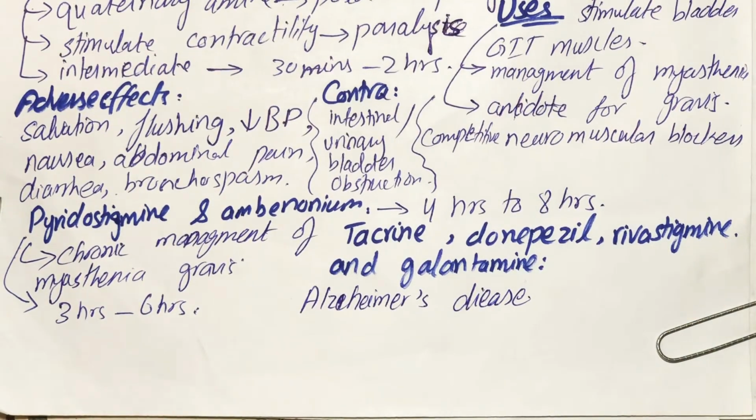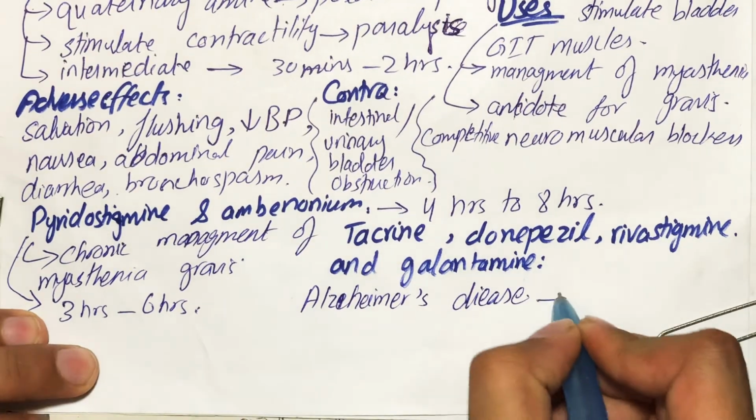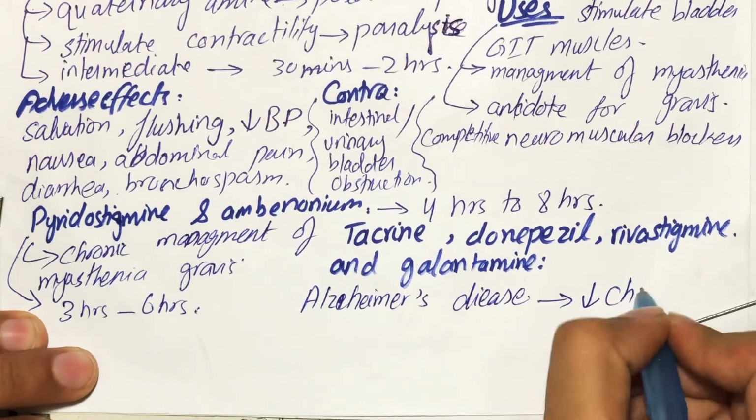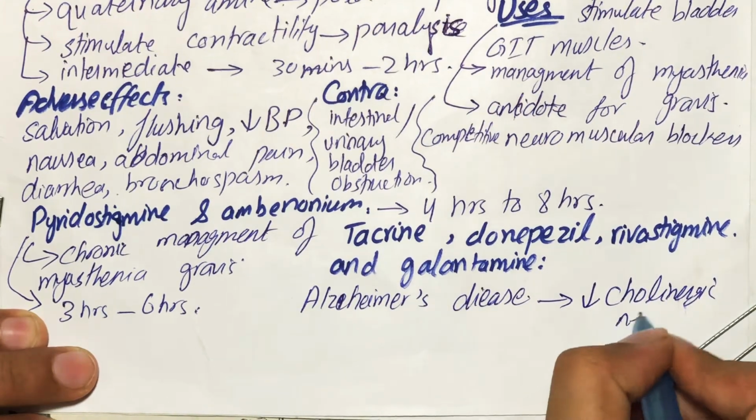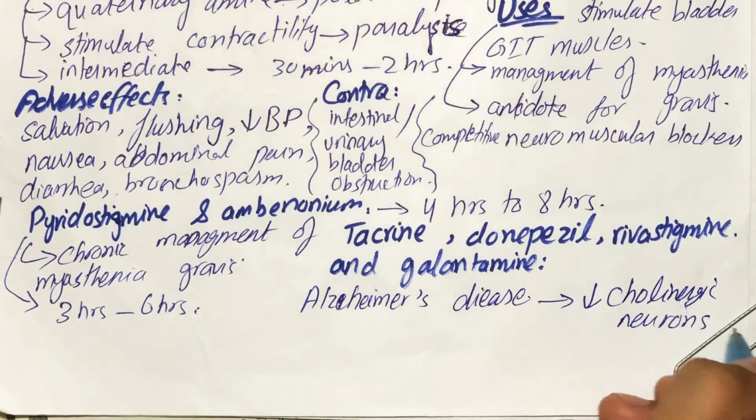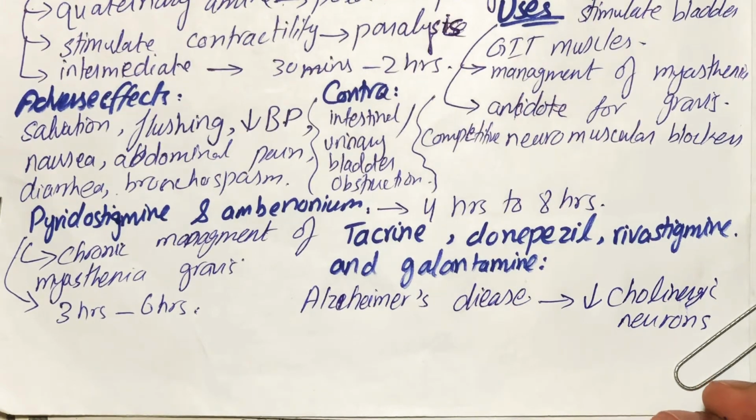What happens in Alzheimer's disease is that there is a decrease in the cholinergic neurons. When there is a decrease in the cholinergic neurons, what we can do is give anticholinesterase, and what they do is that they increase the effect of cholinergic responses in our body.